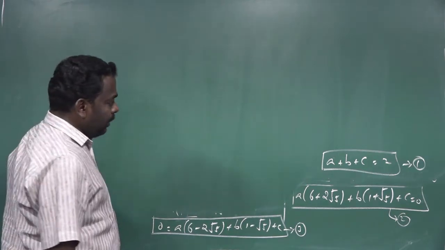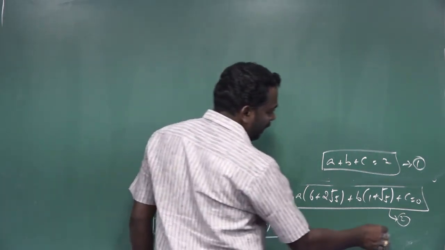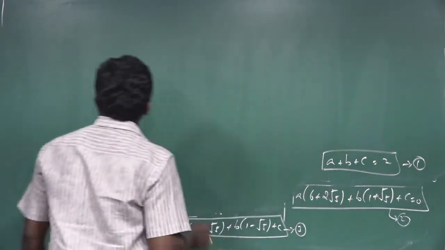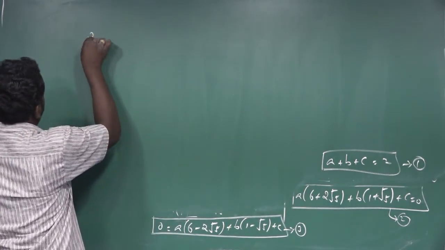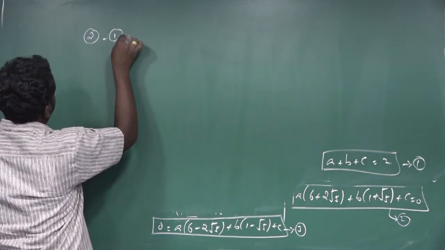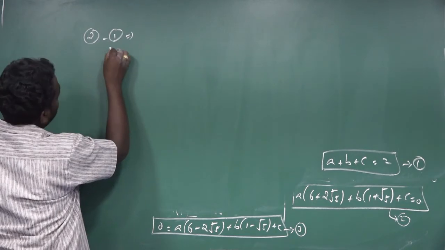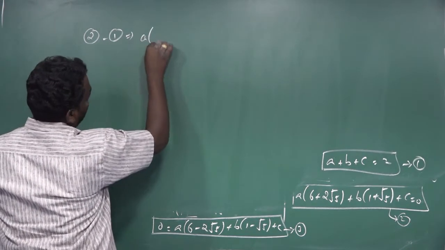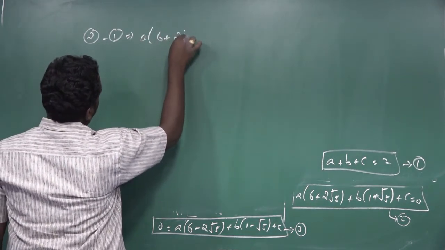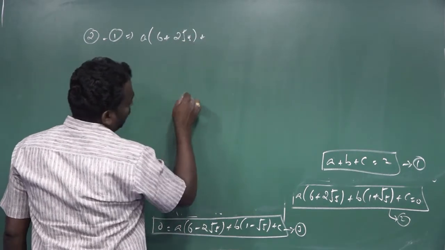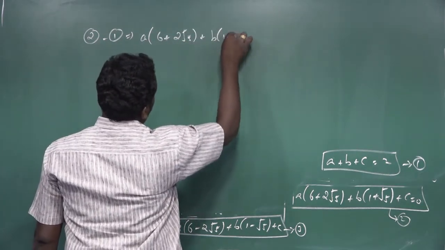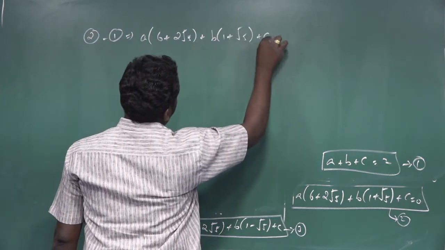Now come to the next, we have to do the second equation minus the first equation. Second equation: a into (6 plus 2 into root 5) plus b into (1 plus root 5) plus c is equal to 0.